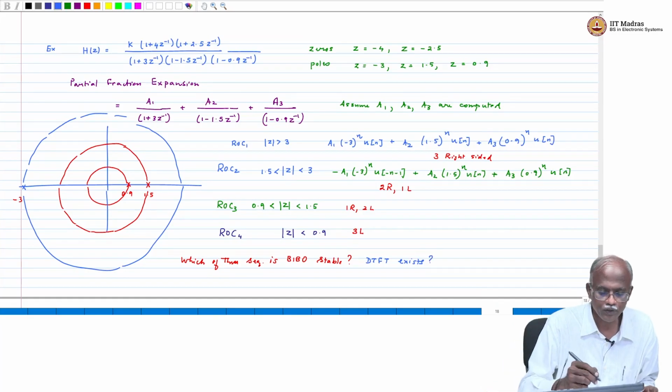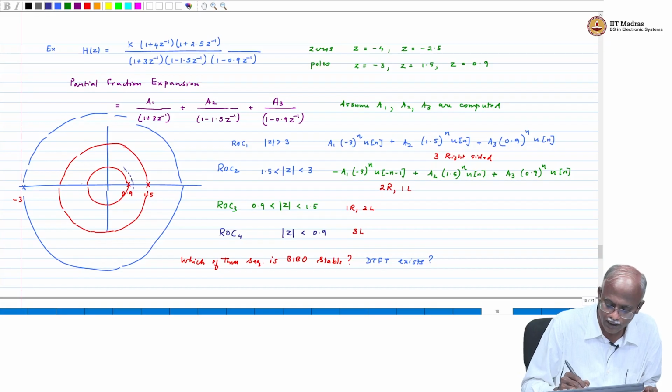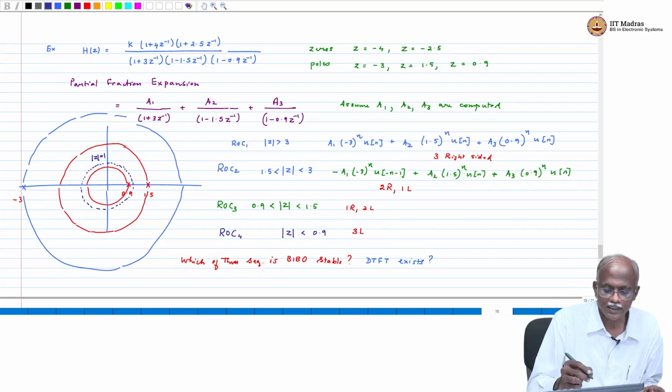Now, important thing to note is where is the unit circle? The unit circle lies very close to this innermost circle, that is the pole at 0.9. So this dark blue dashed circle is the unit circle, mod z equal to 1. Which of these regions of convergence?